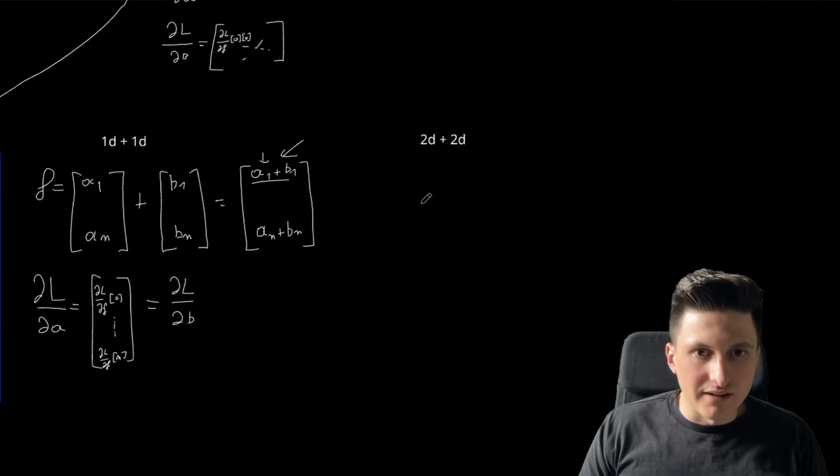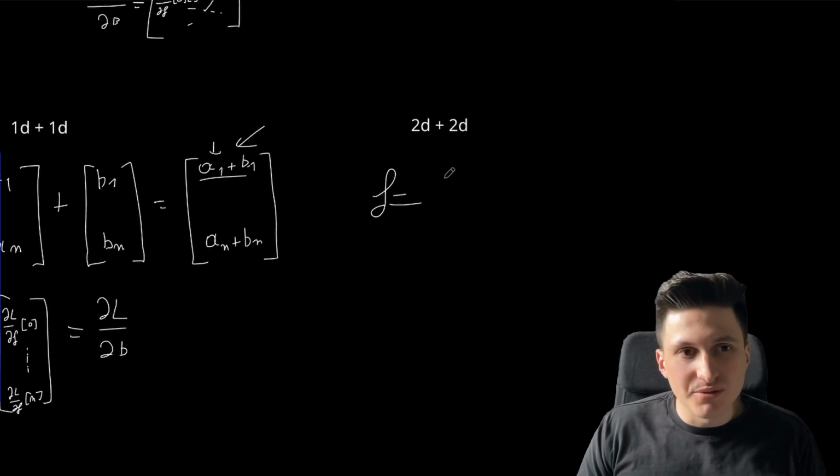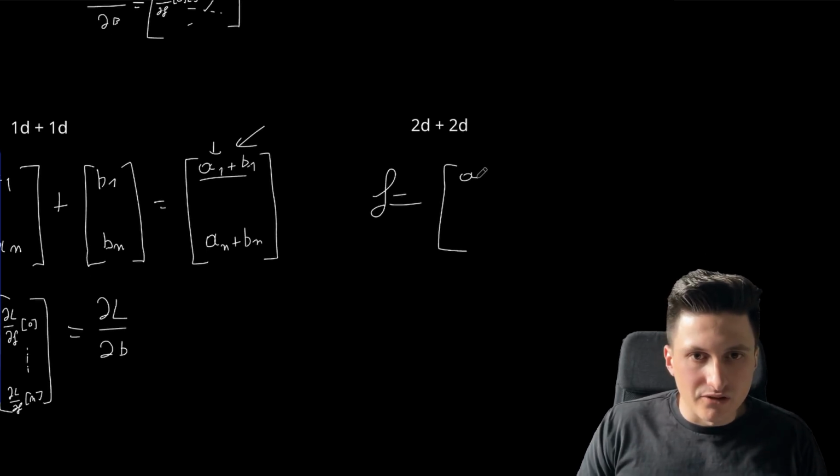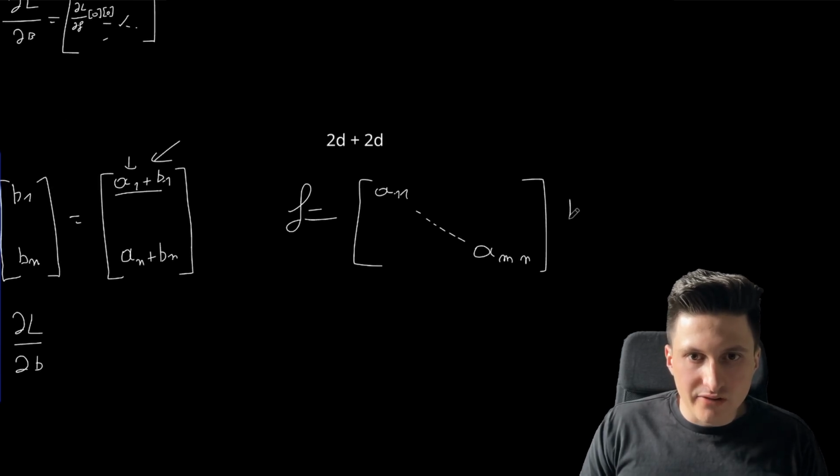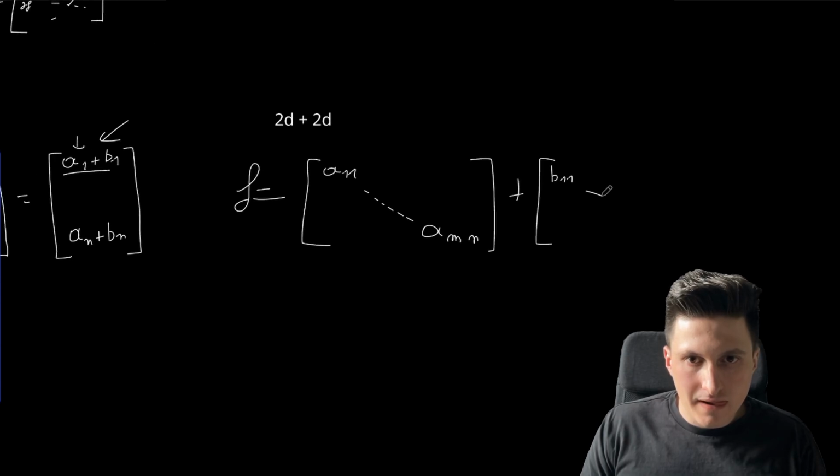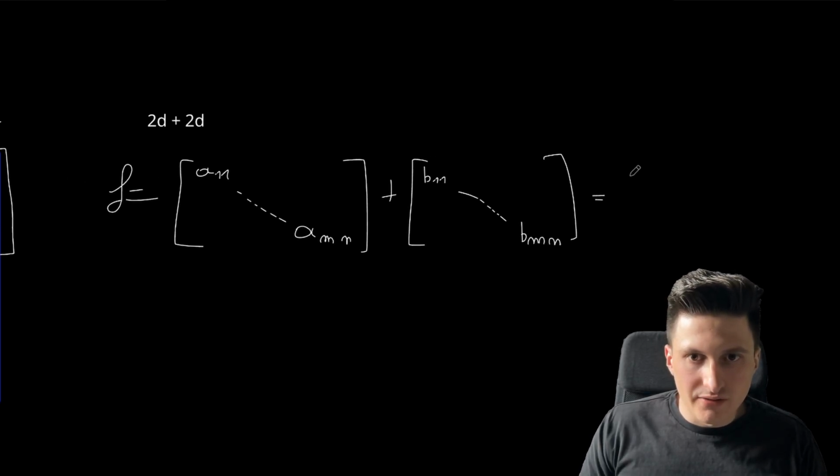And actually the 2D plus 2D case is also very, very similar. We are once again going to define two tensors. And the result will be the elements at corresponding positions summed.